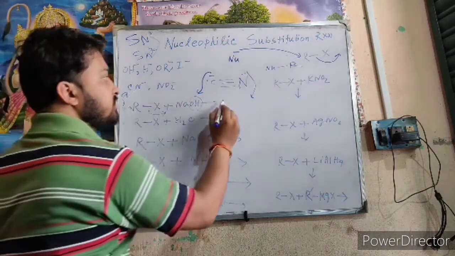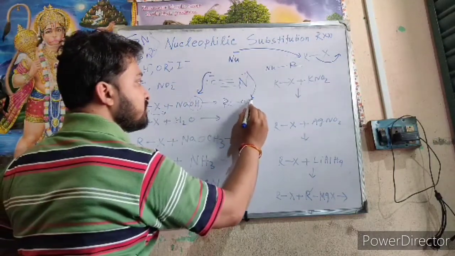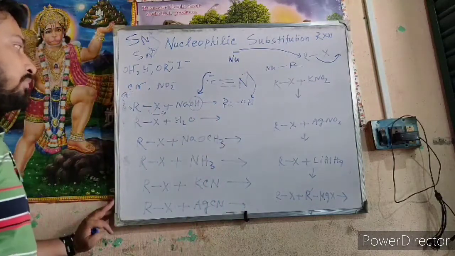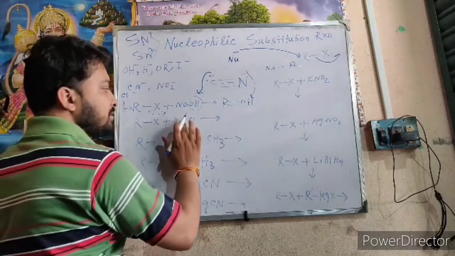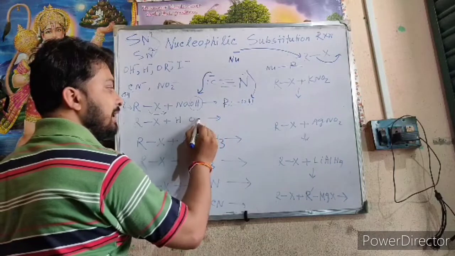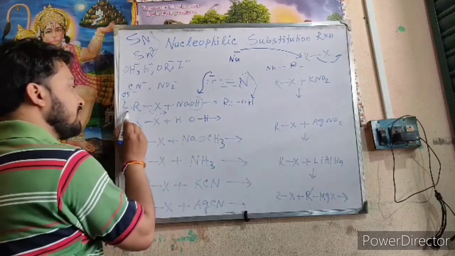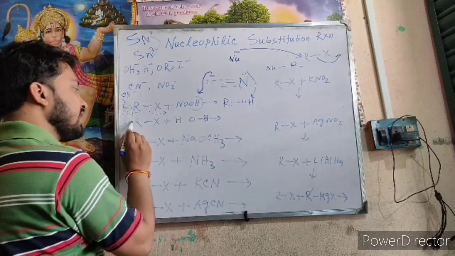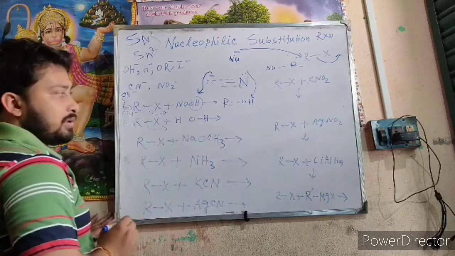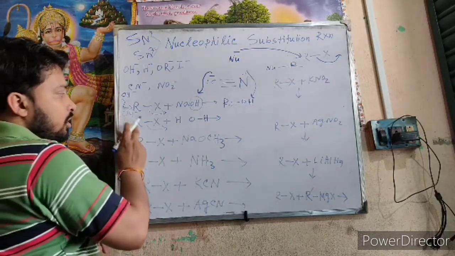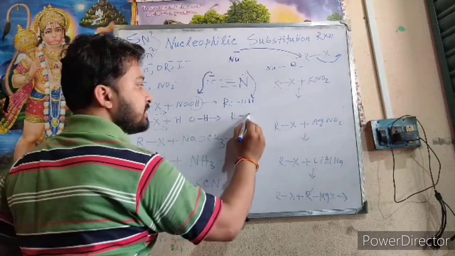So ROH is formed. Similarly, H2O means OH and H. The negative terminal is OH minus, and OH minus reacts with this R. X is removed from here. So ROH is the product.